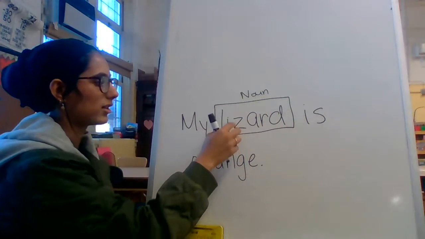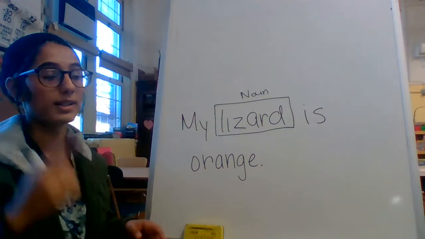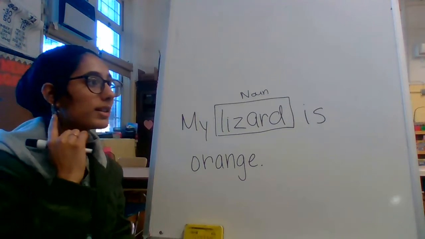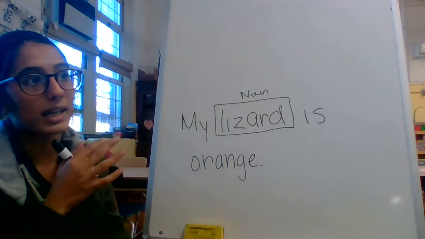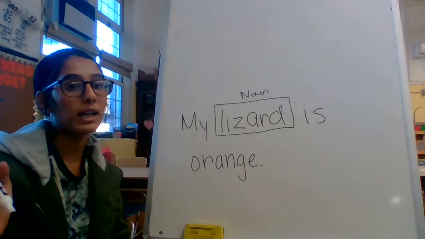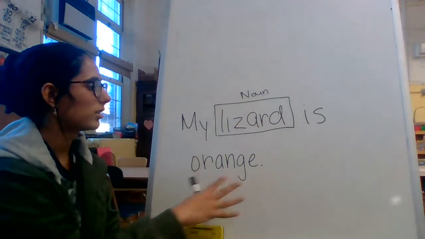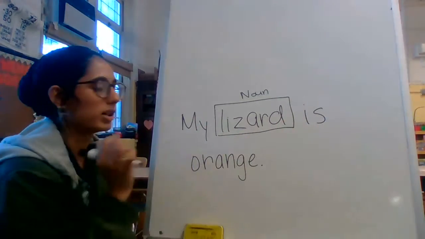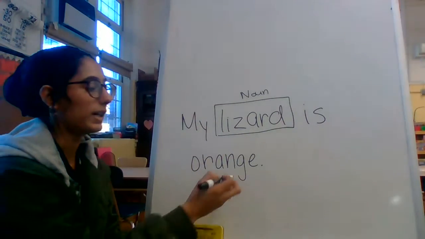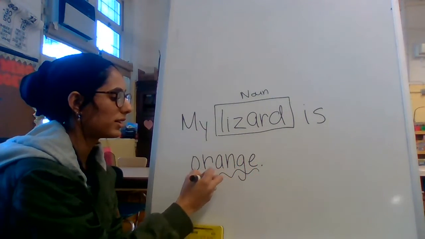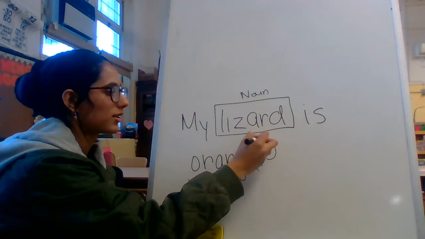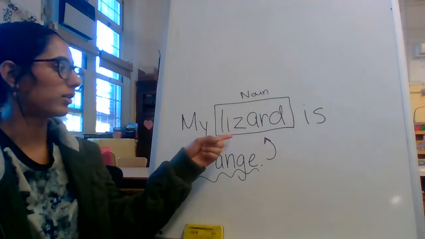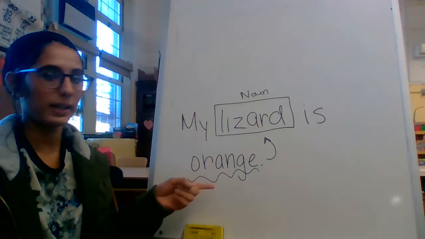What's the word that describes my lizard? Whether it's how it looks, how it sounds, how it smells, how it tastes, how it feels, how many, the size. What describes the lizard? My lizard is orange. Right, so orange describes the lizard because I know that the lizard is orange, right?